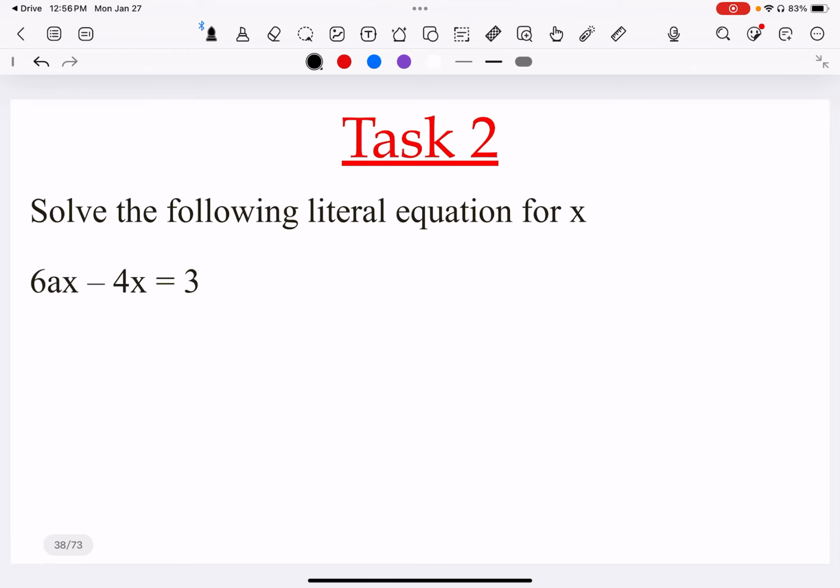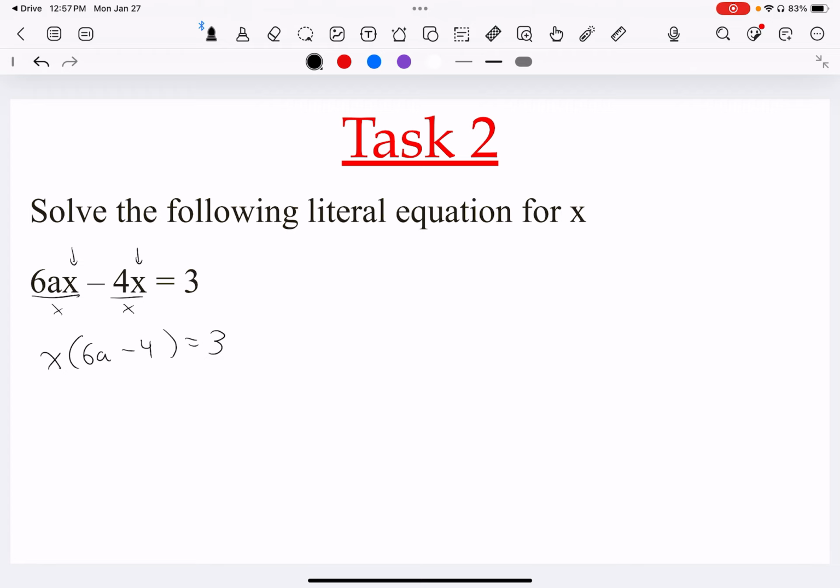Solve the literal equation for x. I notice there are still two x terms here. I can't combine them, so I'm going to factor out an x from each of these two terms. When I factor it out, I'm left with 6a minus 4, and the 3 just stays the same.